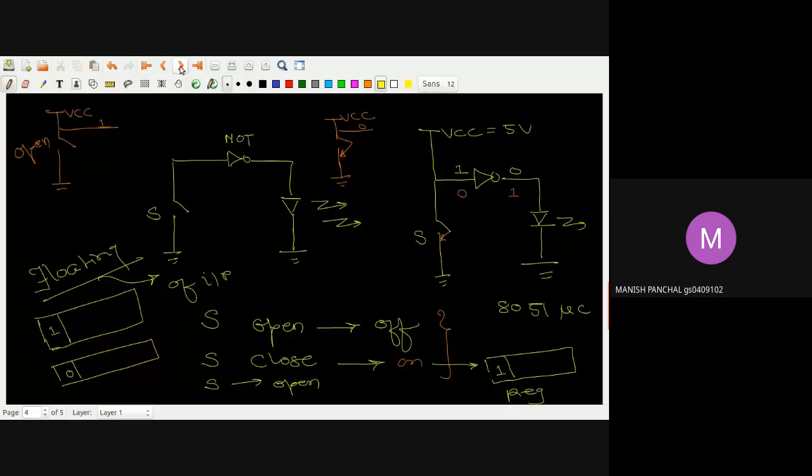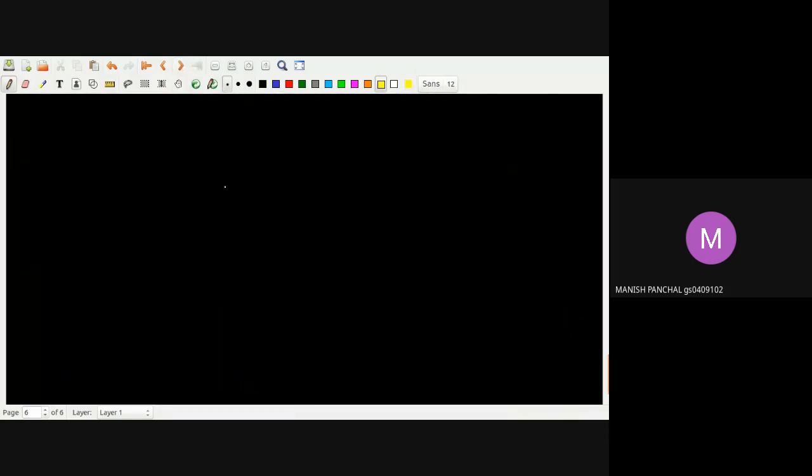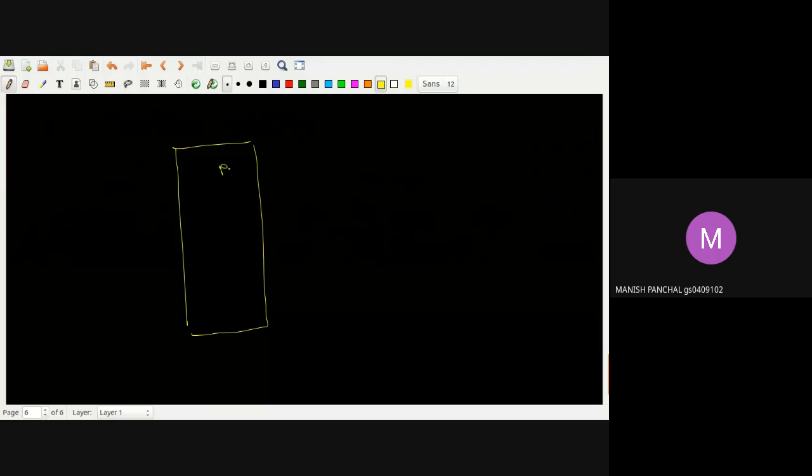If I draw the diagram for this with pull-up resistors, for example, this is your microcontroller. It has a total of 8 pins: P1.0, P1.1, 1.2, 1.3, 1.4, 1.5, 1.6, and 1.7.